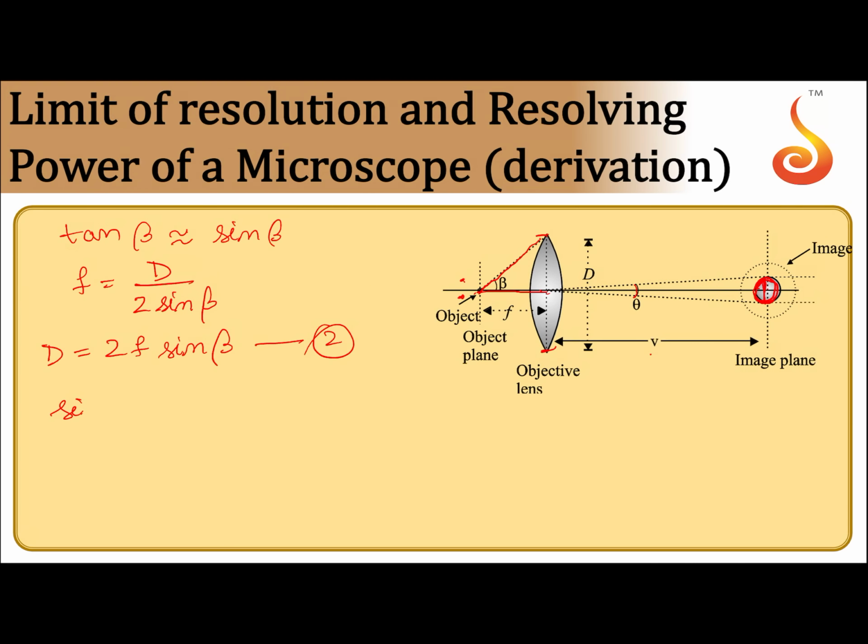So size of image: a point object will not give rise to point image, it will give you extended image due to diffraction pattern. Size of image is given by v into theta. And what is this theta? Theta must be limit of resolution. So it should be v into 1.22 lambda divided by d.